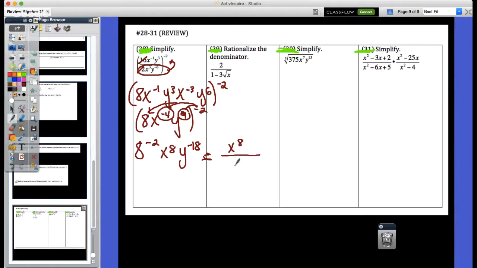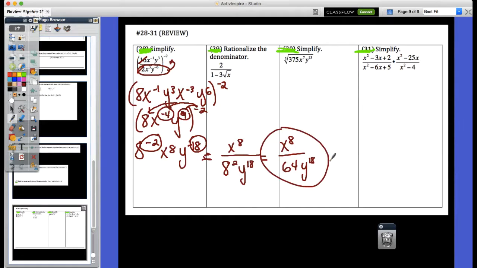So you have x to the 8th over 8 squared, y to the 18th. So we make these both positive, okay? So in simplifying this, we get x to the 8th all over 64, y to the 18th. And that right there would be my complete answer for number 28.